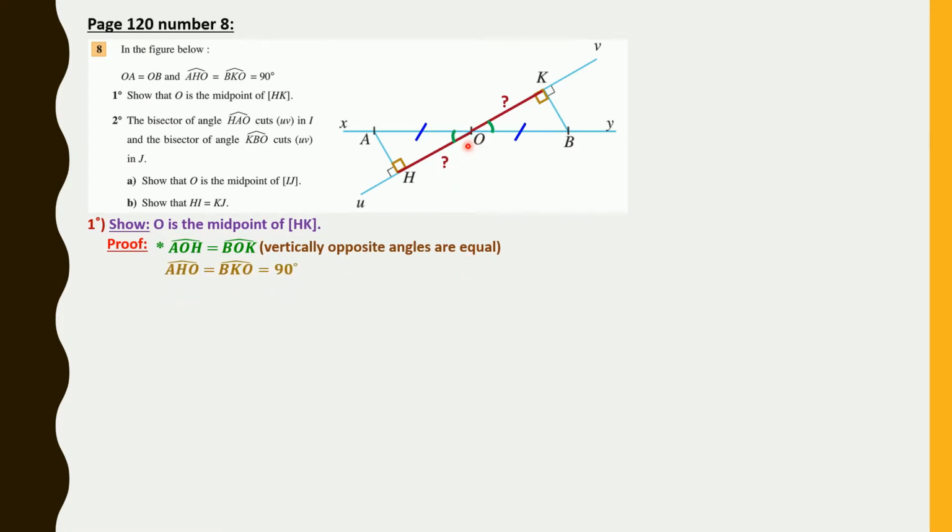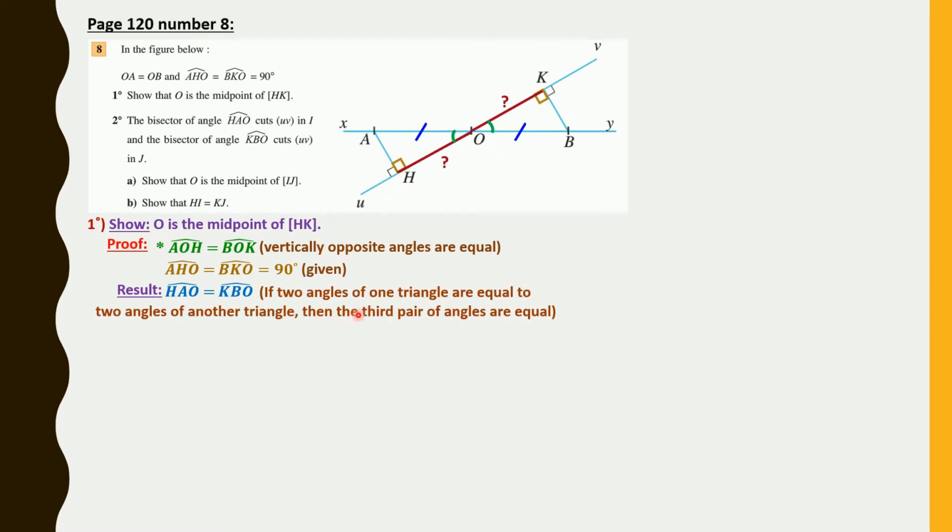And since angle AHO equals angle BKO equals 90 degrees, it's given. As a result, angle HAO equals angle KBO. If two angles of one triangle are equal to two angles of another triangle, then the third pair of angles are equal. Now we have proved that these two angles are equal.